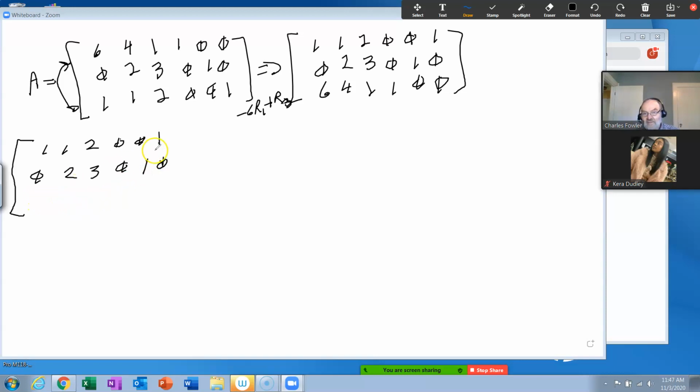And negative 6 times 1 is negative 6 plus 6 is 0. Negative 6 times 1 is negative 6 plus 4, negative 2, I hope.